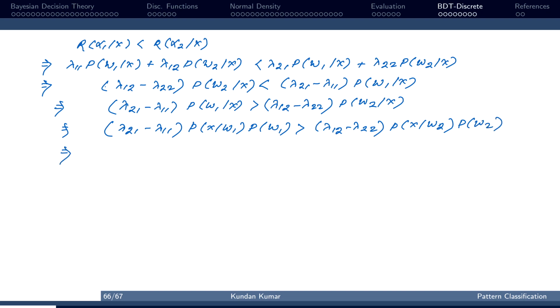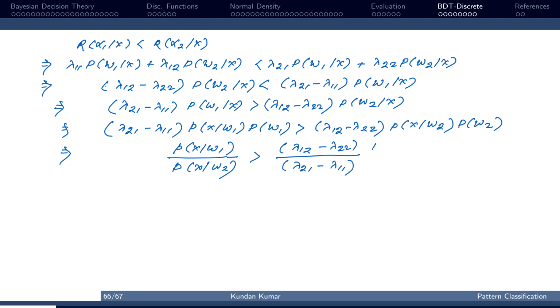Now take the ratio of likelihood and we will obtain lambda 1 2 minus lambda 2 2 divided by lambda 2 1 minus lambda 1 1, okay, into p of omega 2 divided by p of omega 1. So this is called the likelihood ratio.